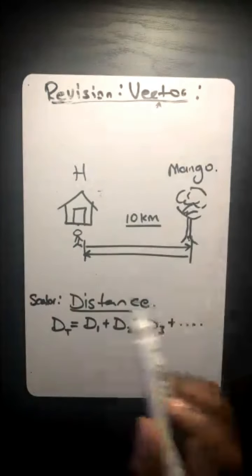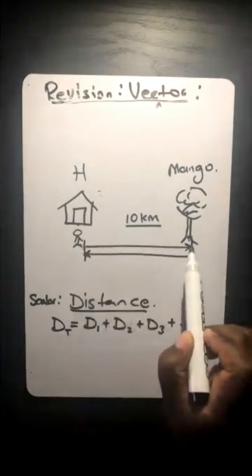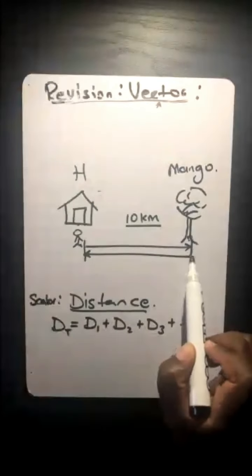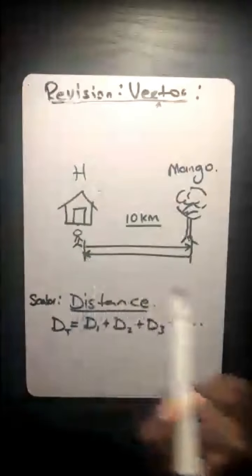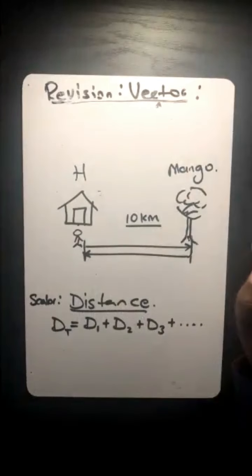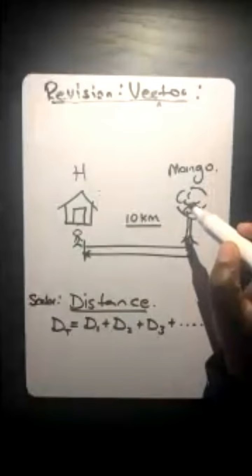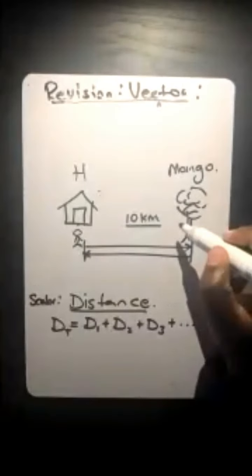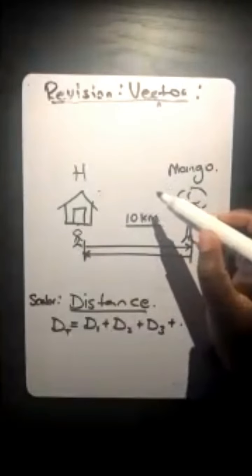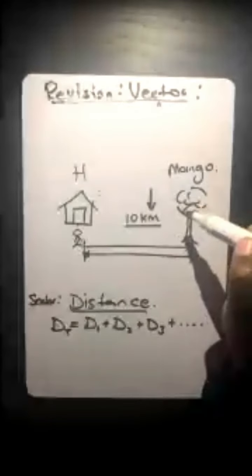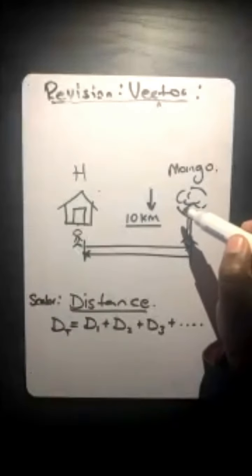I wanted to know if you travel from home to the mango tree and then from the mango tree travel back to home, what is the total distance covered? I think it's 20 kilometers. I'm just not sure if Minentle was saying kilometers, but remember, kilometers is the unit for the distance.